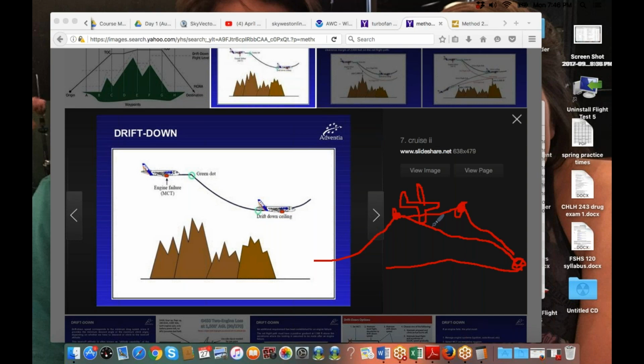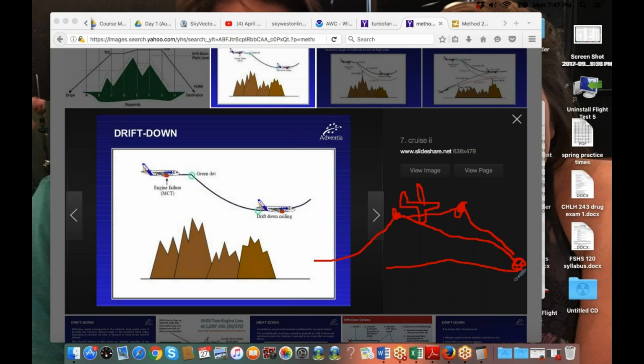But with ours, we would drift down and have to make it to an airport. So we can drift down at any time and still make it all the way to the destination. If we cannot abide by that, we then try and go to a method 2.